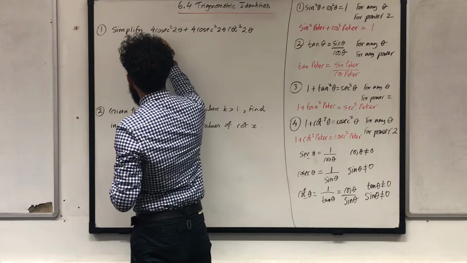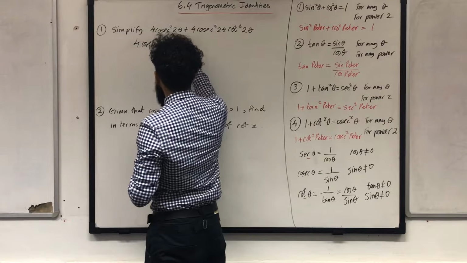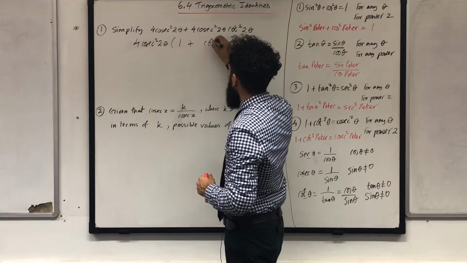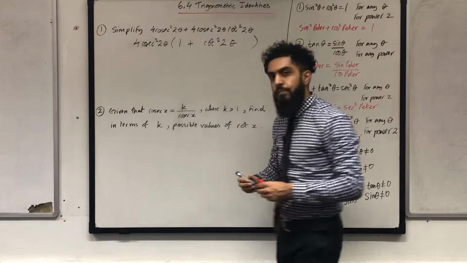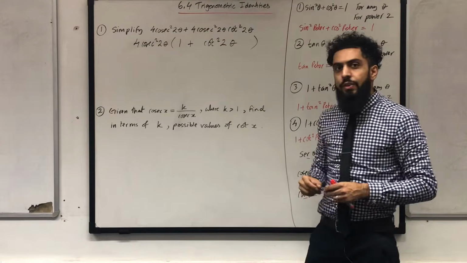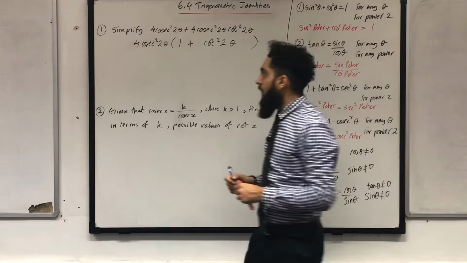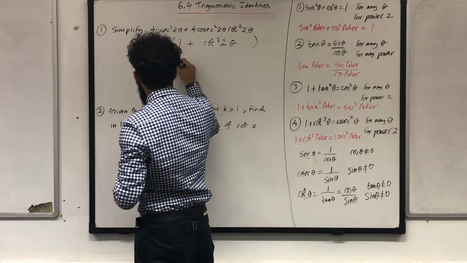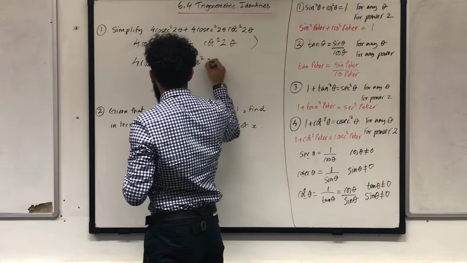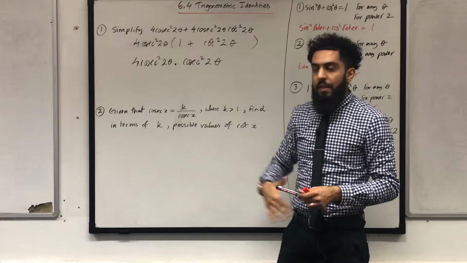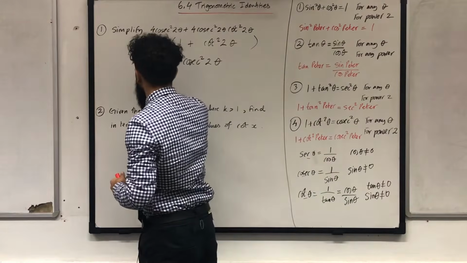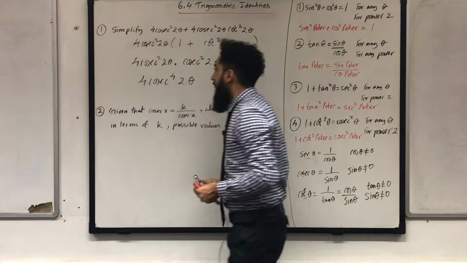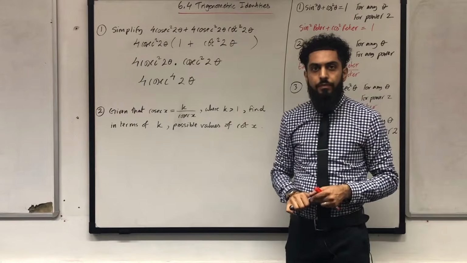You take that out, in bracket, we get 1 plus cot squared 2 theta. But 1 plus cot squared 2 theta is just cosec squared 2 theta. So I get 4 cosec squared 2 theta multiplied by cosec squared 2 theta. And this simplifies to 4 cosec to the power 4 2 theta, and that completes the question.